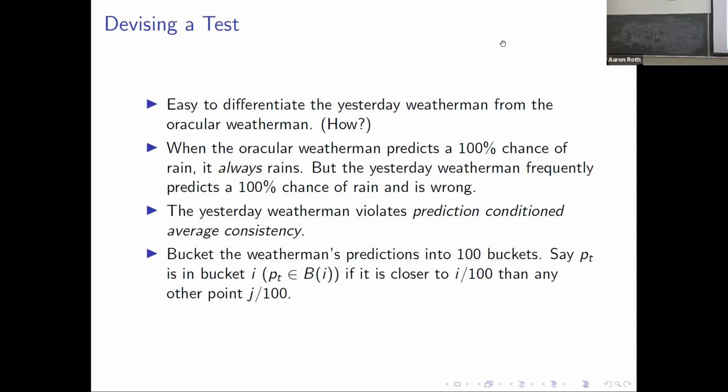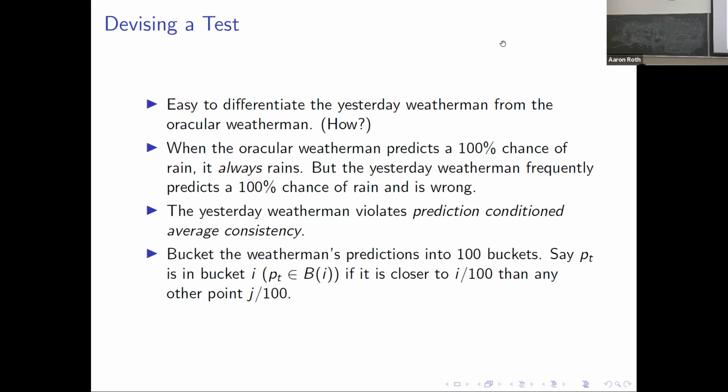Now you have to be a little careful about this, because as soon as the weatherman hears that you're going to condition on his prediction, so you're going to look at all of the days, for example, for which he predicted a 90% chance of rain, and check that it rained 90% of the time on those days. Well, how well would the oracular weatherman do on this test?